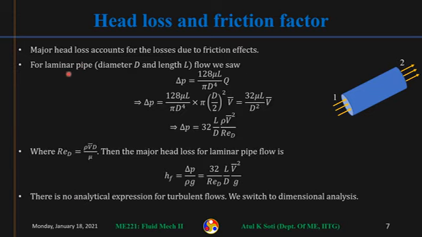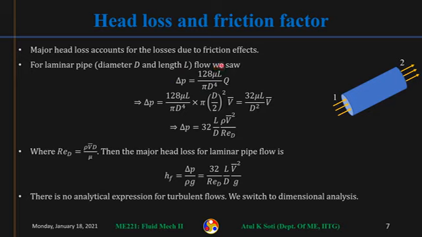So this major loss we can calculate because we have already calculated the velocity profiles in a laminar pipe flow. Recall that for laminar pipe flow, we had an expression for pressure drop along the length of the pipe.